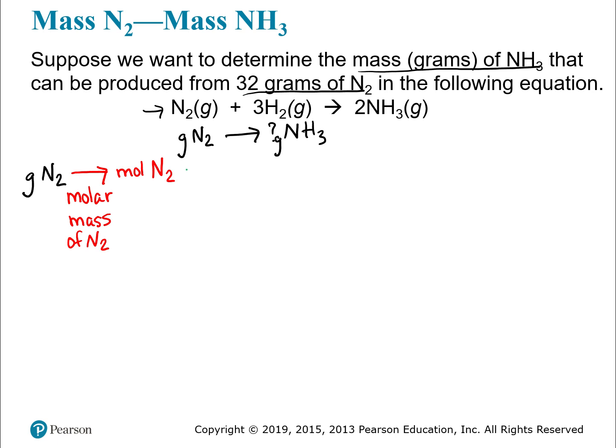From there, we need to figure out a way to get to moles of ammonia. The reason why I was harping on those mole to mole ratios is because that's what we need here.